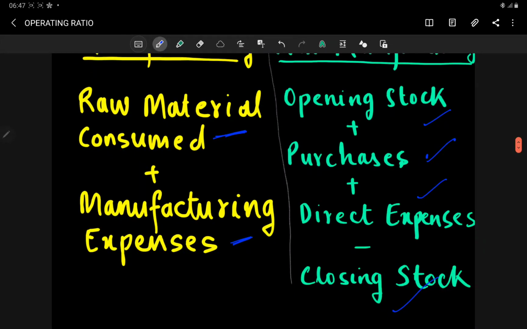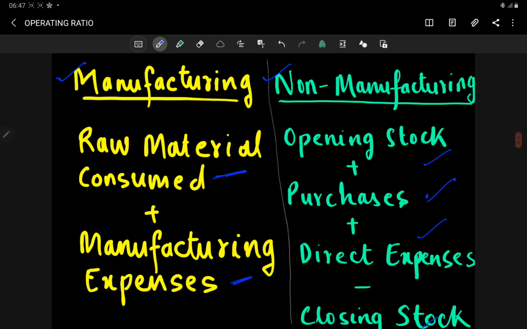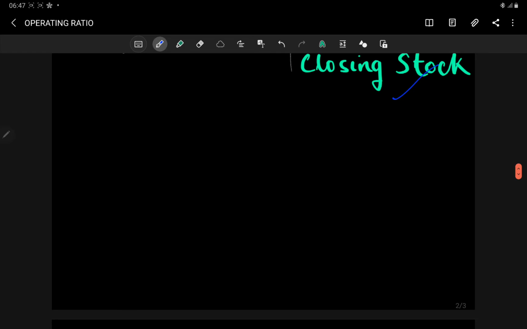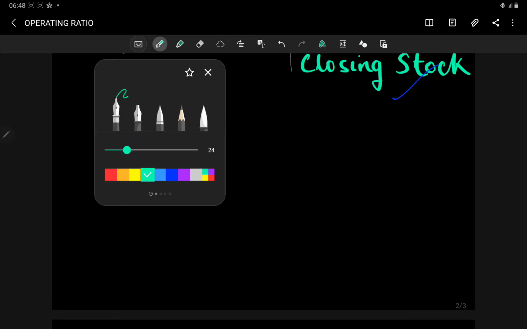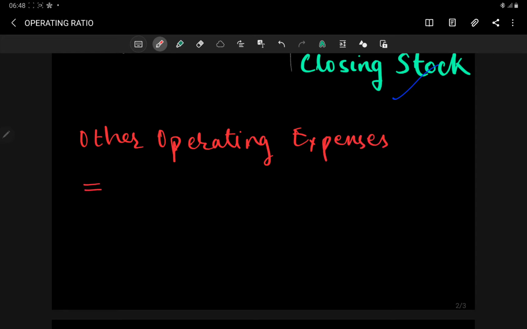Now the next question comes. Okay sir, you told us about this, but what do other operating expenses mean? Other operating expenses are nothing but admin expenses and selling and distribution expenses.